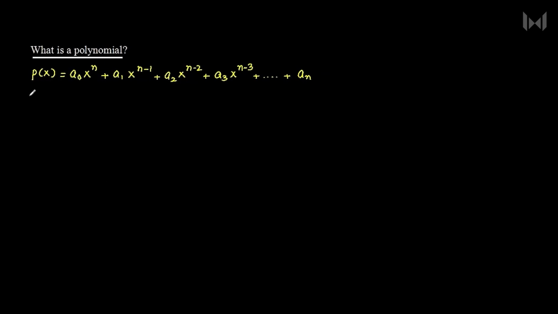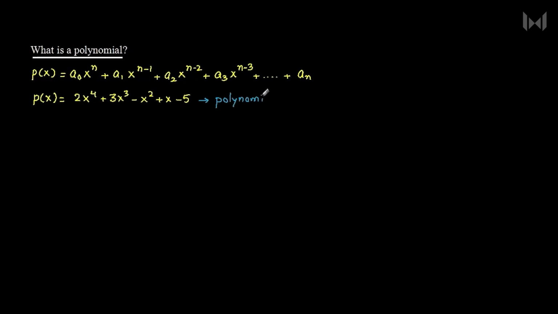For example, you can write a polynomial this way: 2x to the power 4 plus 3x cube minus x square plus x minus 5. So this is what is basically a polynomial.